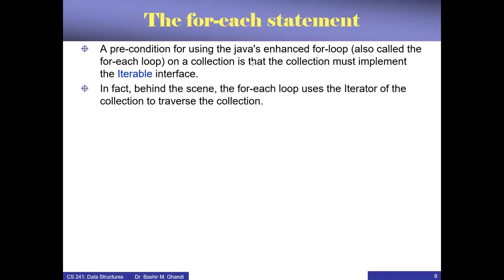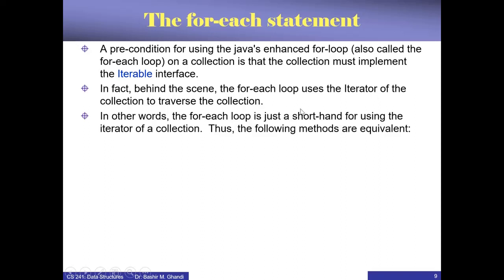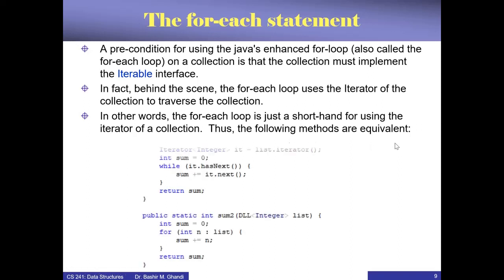In fact, behind the scenes, the for each uses the iterator to traverse the list. So the for each is actually just a shorthand for using the iterator object as we have used it now. In other words, the following two methods are exactly the same, even though the one with for each looks simpler.